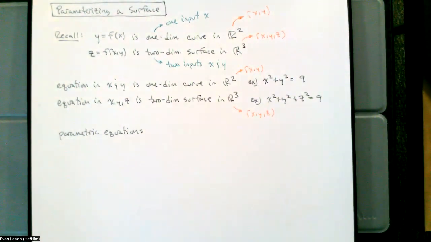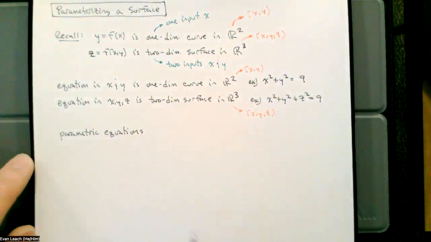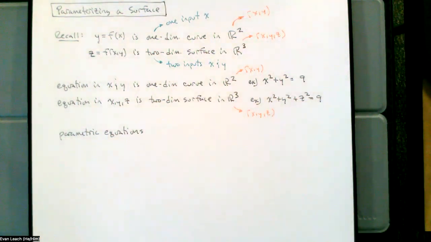With parametric equations, we initially wanted to describe a one-dimensional curve in three-dimensional space. That was kind of our goal, right? But for parametric equations, we can define one-dimensional curves in R2 and R3.